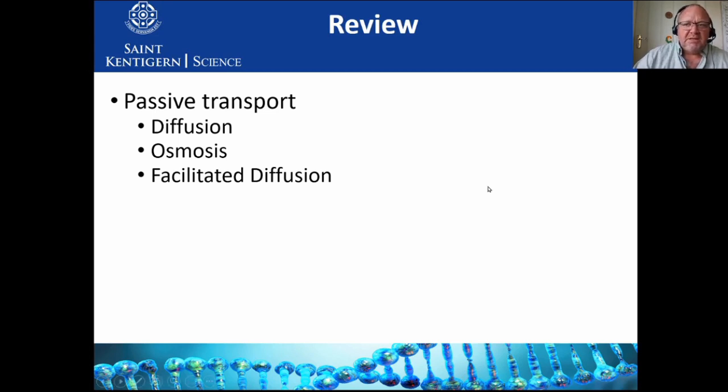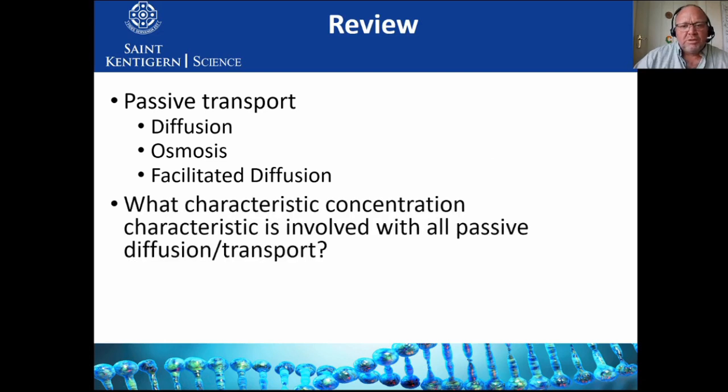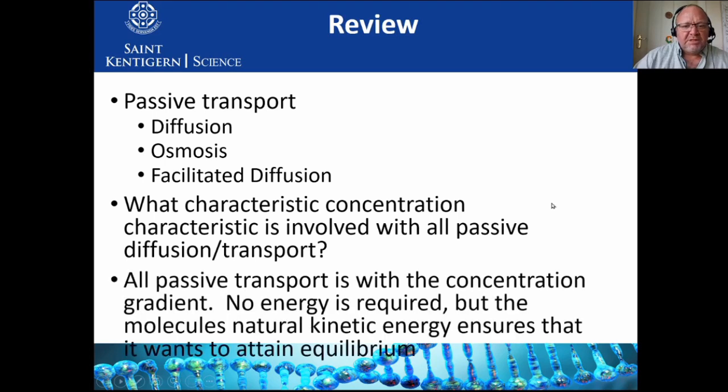And the other three molecules that can travel through the membrane without having to go through a protein are oxygen, carbon dioxide, and water. So passive transport is always along the concentration gradient and no energy is required.